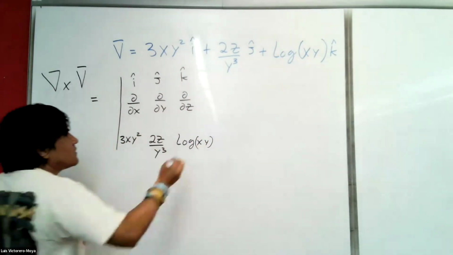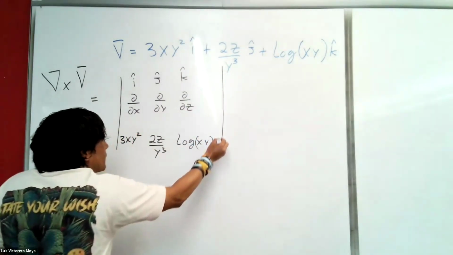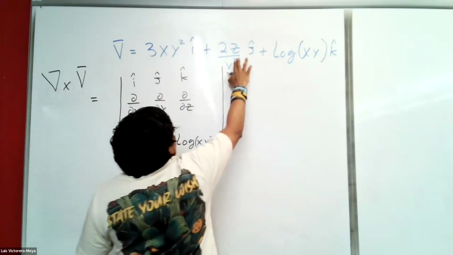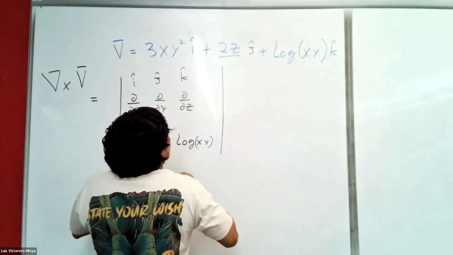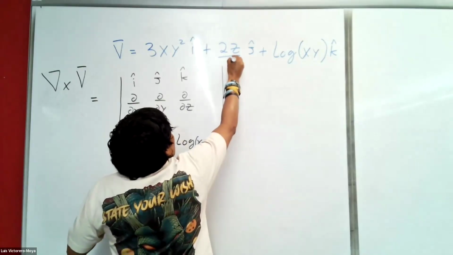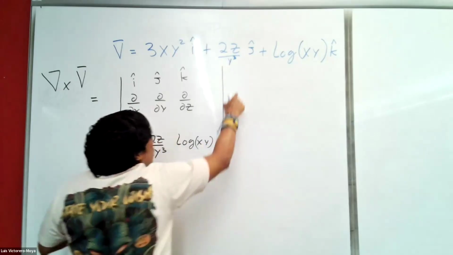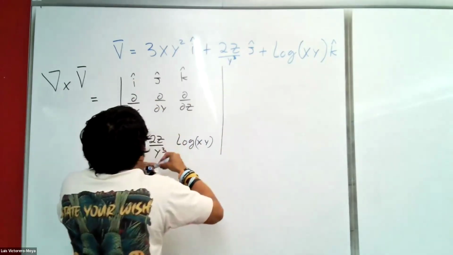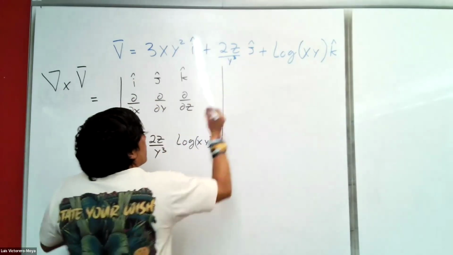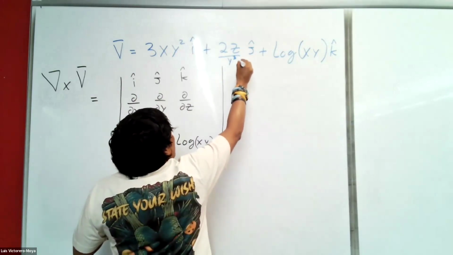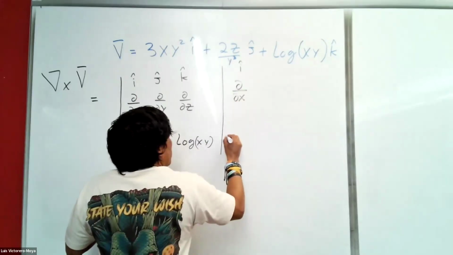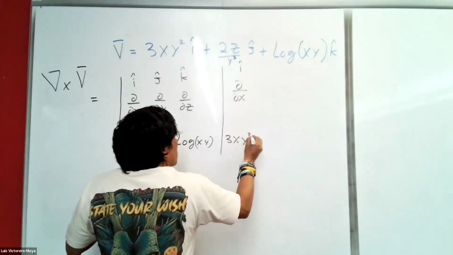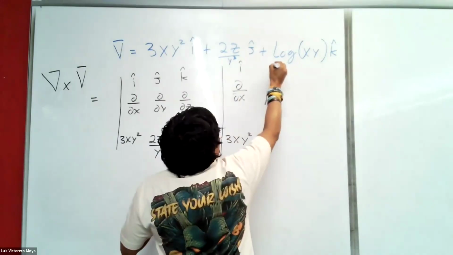So it's just the same, but you have to be careful now because you're going to copy, right? You're going to copy these two columns. So I'll do it here, i, and then this and this column here.